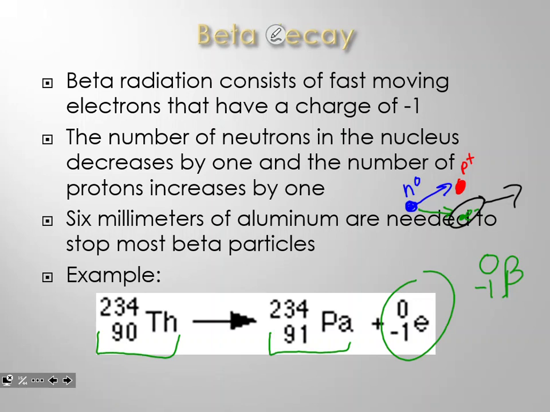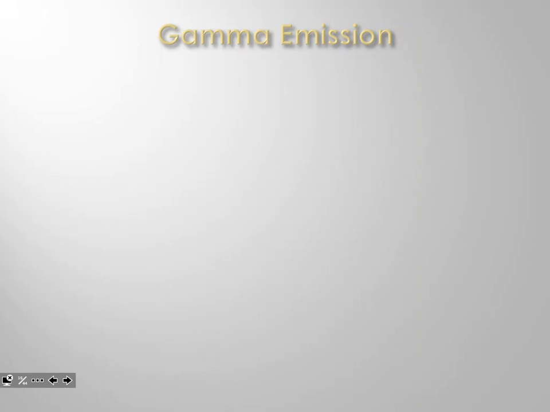If you see the B, you know it goes with the beta particle. I personally like using the electron notation because it is a high-speed electron. So when I do it, I always use the electron notation. But you might see this on your paper as such, and you should recognize it as a beta particle. Okay? The last type of radiation, well, no, actually this is the third type of radiation. We've got a couple more to go.